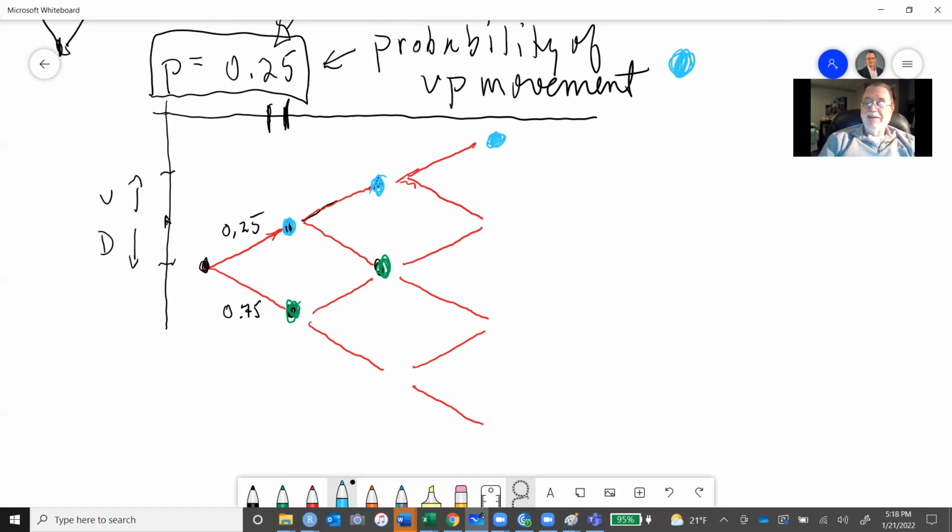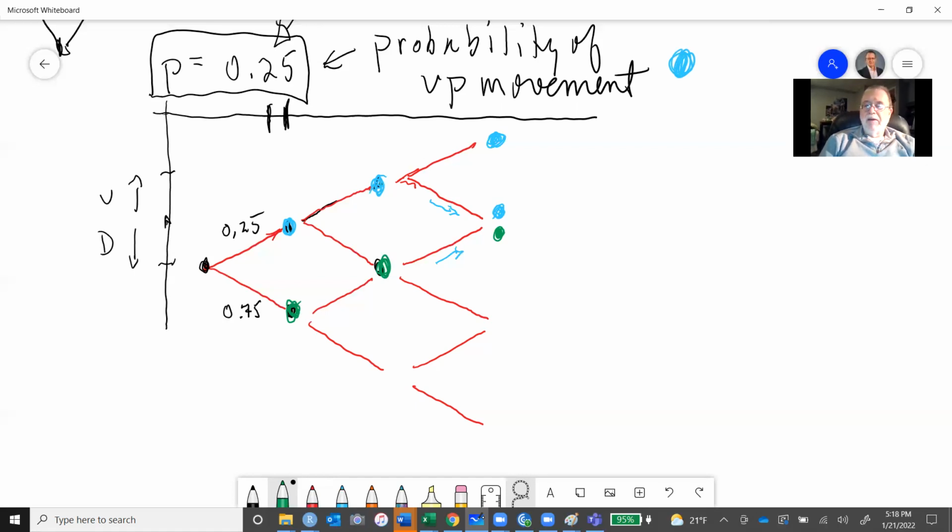It could be either blue if it's going up, or green going down. Could be one or the other, depending upon the path it takes. Interesting, huh?